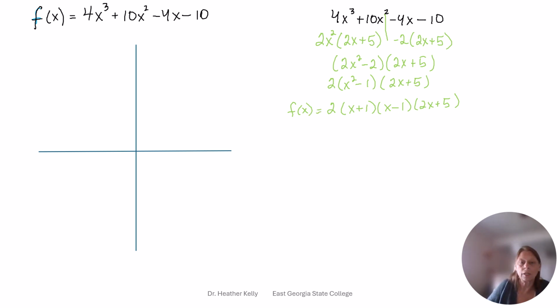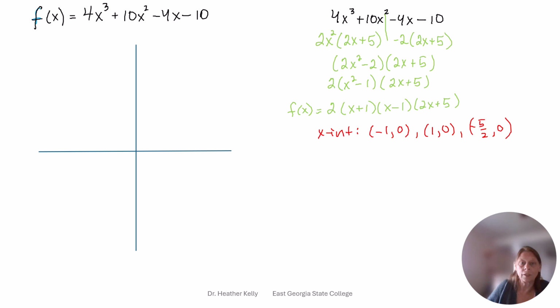Our x-intercepts are going to be -1, 0, +1, 0, and -5/2, 0.